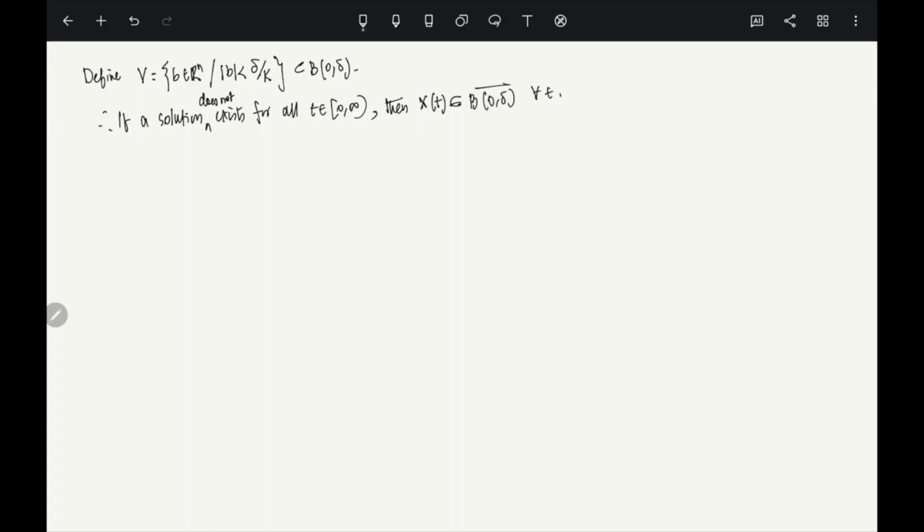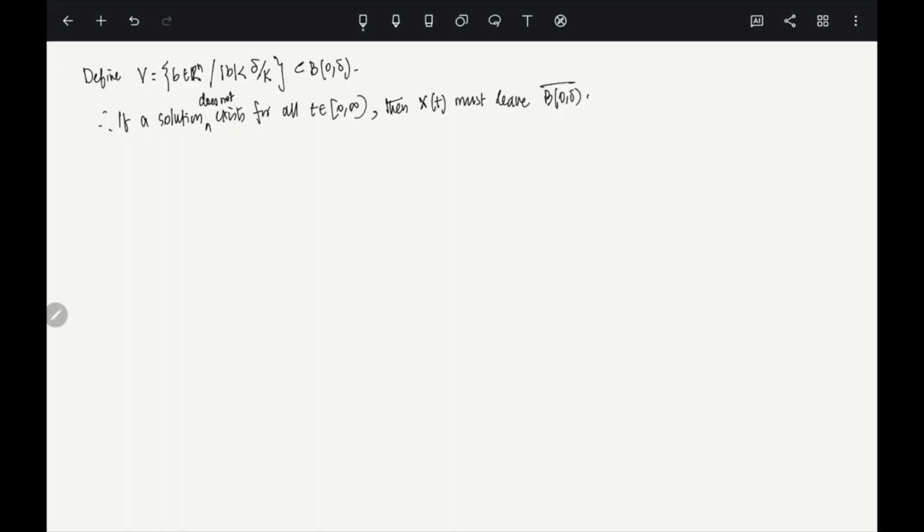Okay, so essentially what it means is x(t) must leave the compact set. So let me put it this way: x(t) must leave B(0, delta) bar. That's what it is. This is where we are actually going to find a contradiction.